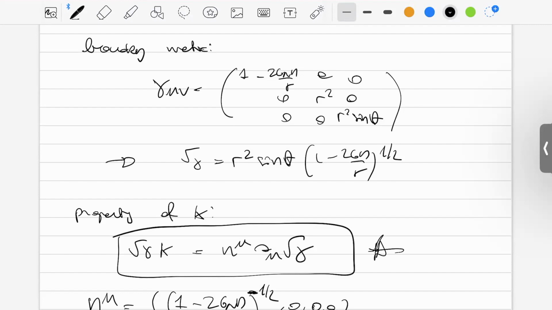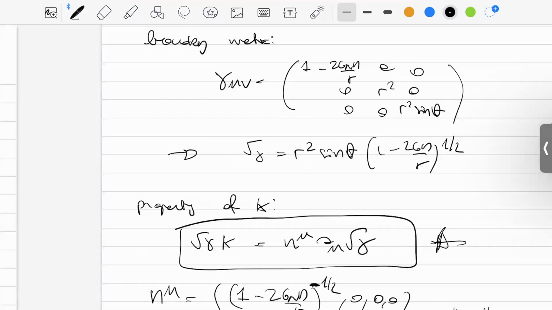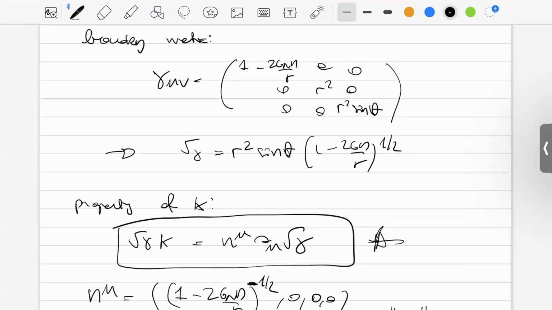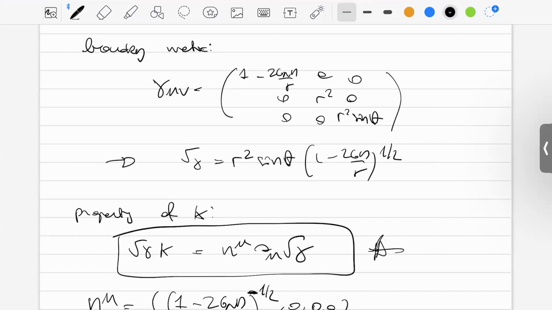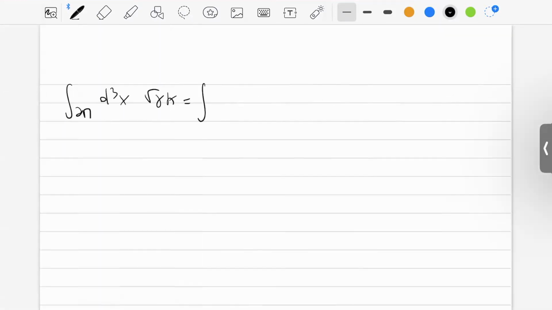Do you agree with this property? Oh yes, sorry, you are right. This is just a mathematical property of k. I didn't show this, but it is true because I checked it. So this is the property of k that we need. Exactly. So in order to compute this, I just use that property.